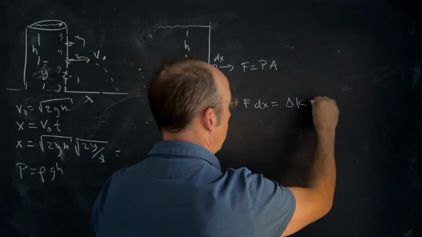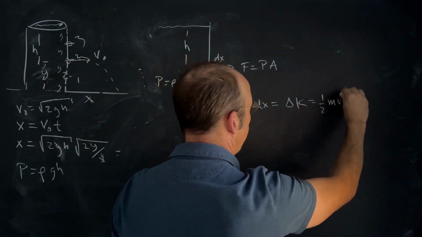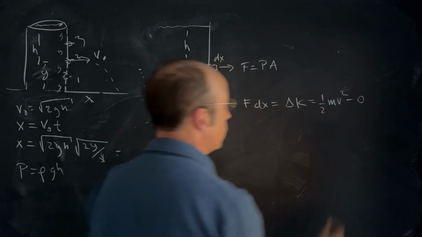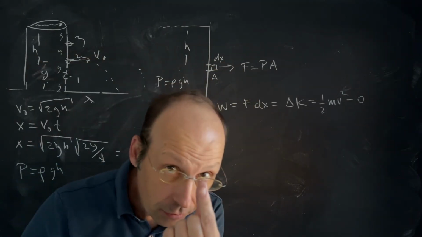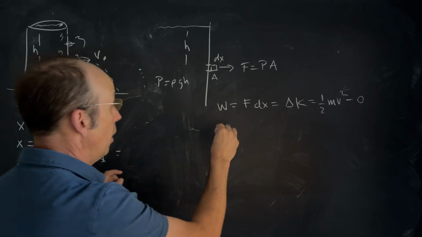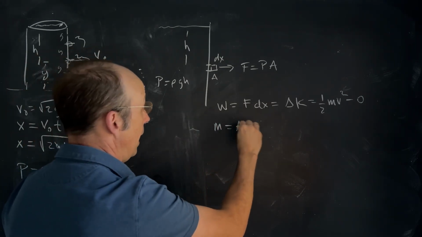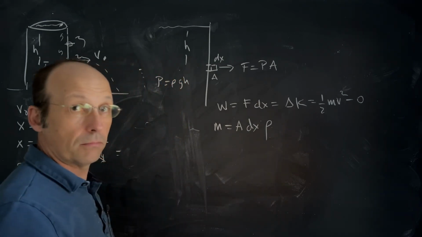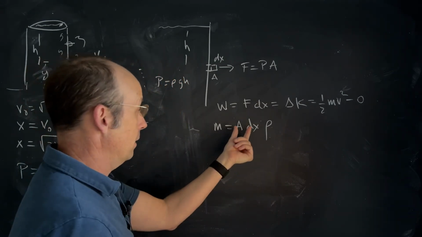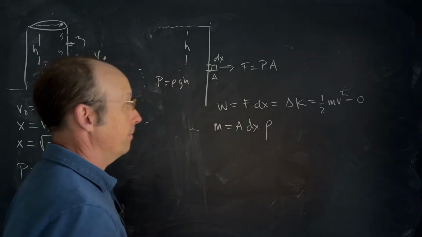So that's going to be 1/2 mv squared minus 0, because I'm going to say it started from rest. Well, what's the mass of that little tiny piece of water over that distance? Well, the mass is going to be A dx times the density of water, rho. Right? So the mass is the volume times the density.